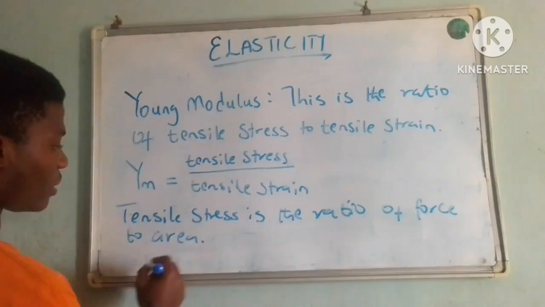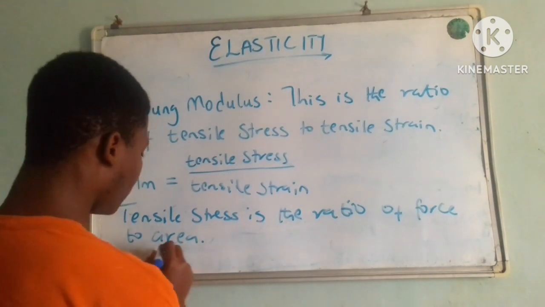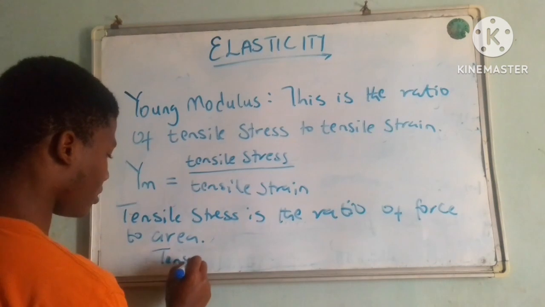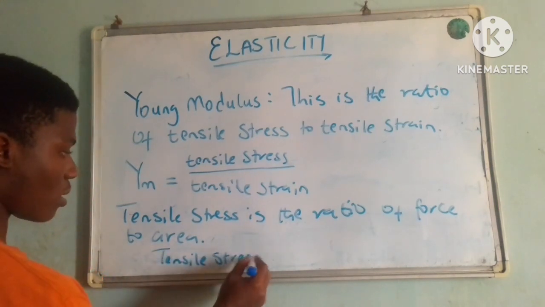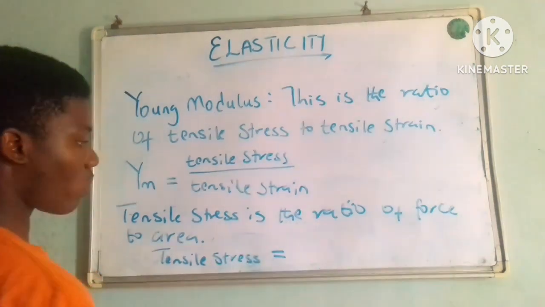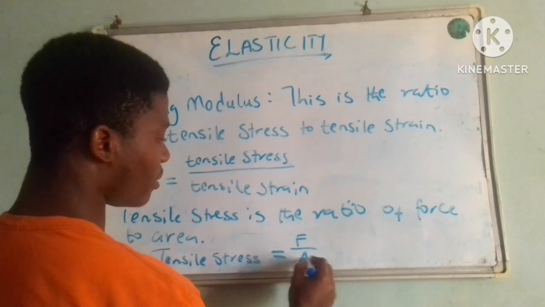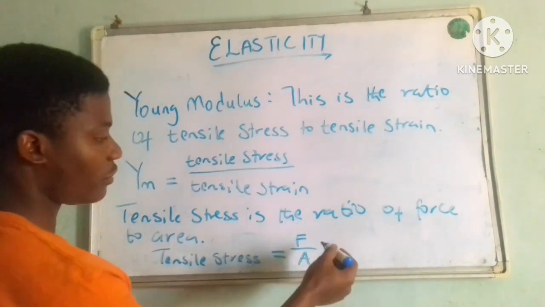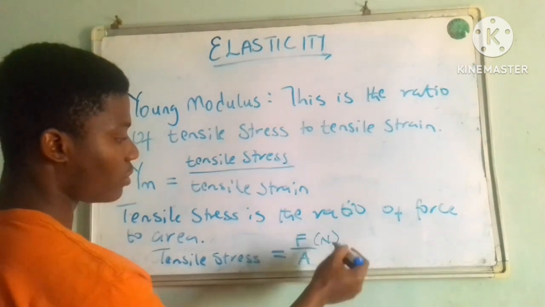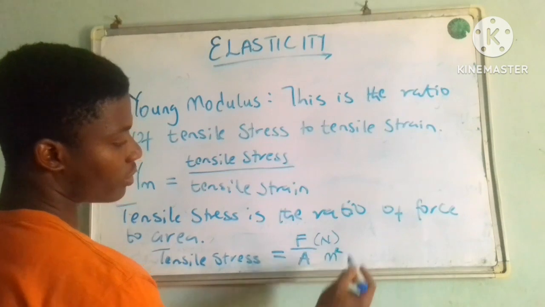The formula is going to be tensile stress equal to force, F, all over A, as area. And you know that the SI unit of force is Newton, while that of area is meter square.